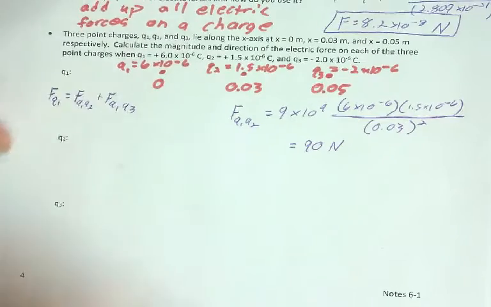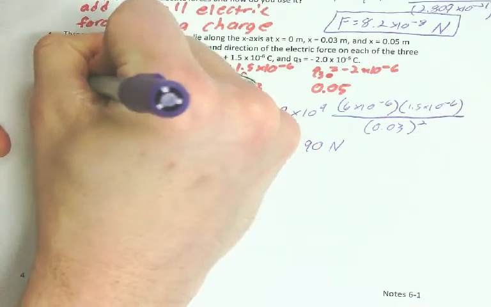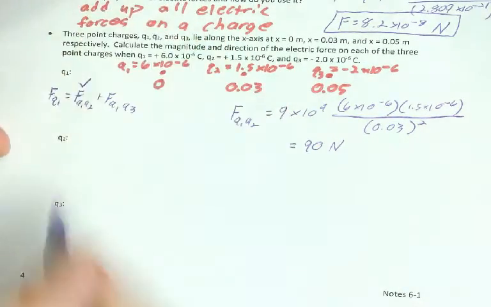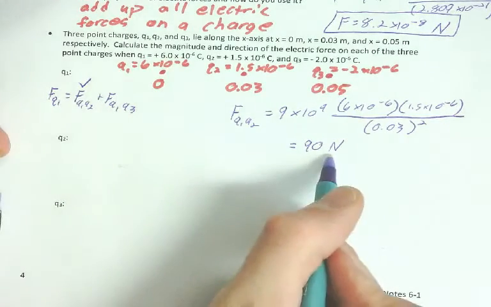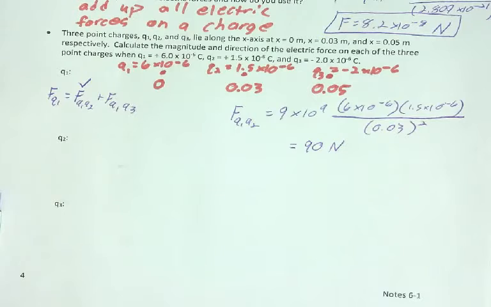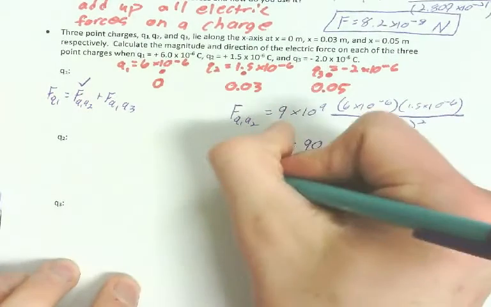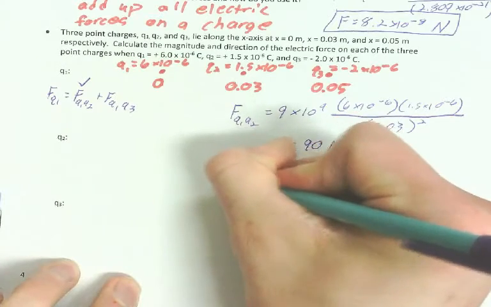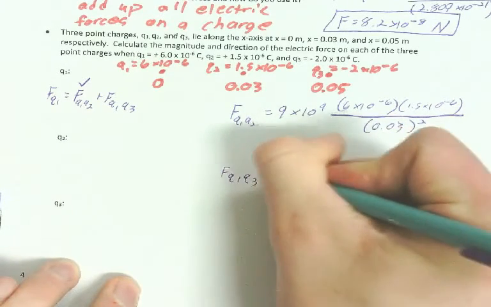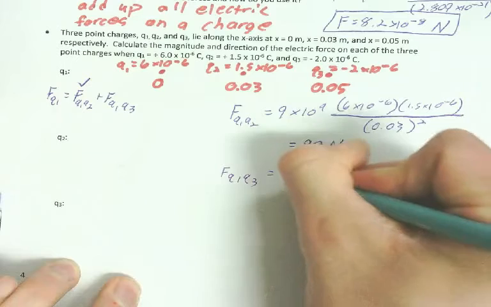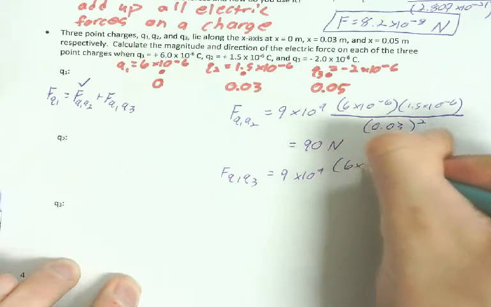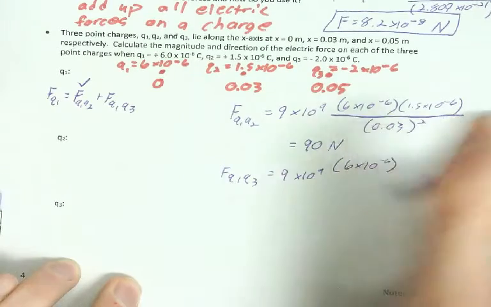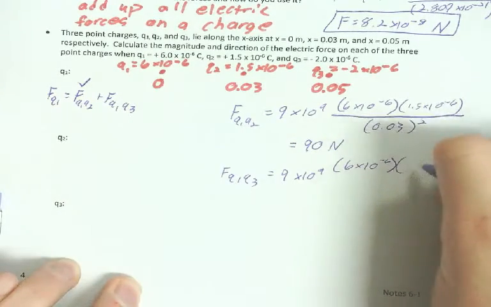Okay, I've found the force between 1 and 2. So if I want to know what happens to 1, I first have to know what 2 does to it. I just found that 2 does 90 newtons to it. Now I've got to do what 3 does to it. So I'm going to solve this again. F Q1 Q3 equals 9 times 10 to the 9th. Q1 is Q1. But Q2 this time is actually the value for Q3.